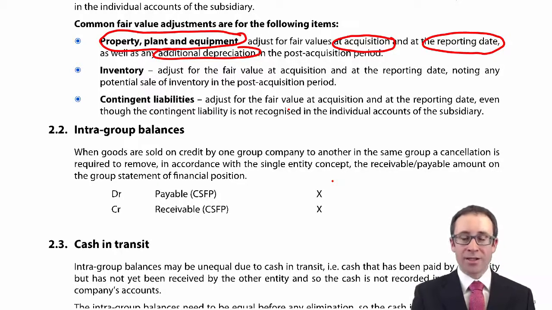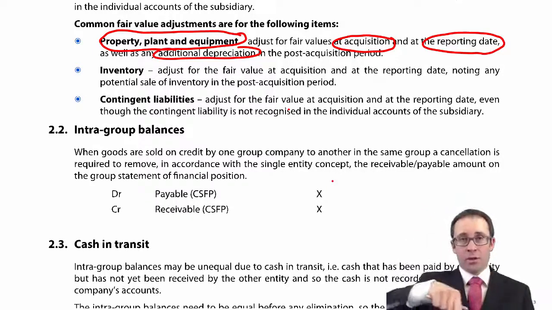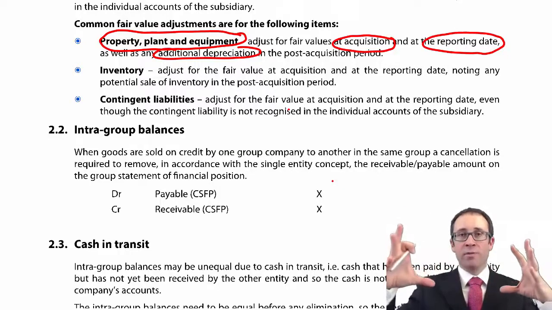Okay. The intergroup balances should be nice and straightforward. If there's trading between the parent and the subsidiary, and there are closing balances between them, yes, legally, P may have a receivable from S, and S have a payable to P. But when we look at the group, there's nothing due outside of the group, is there?